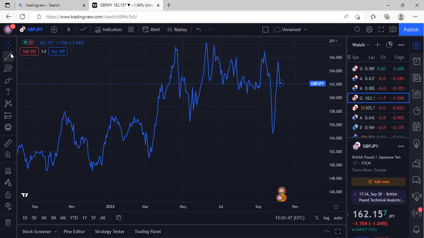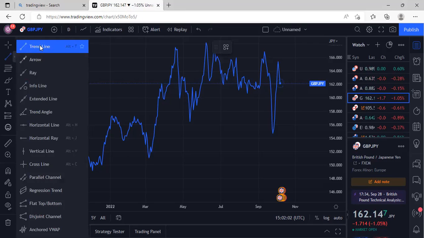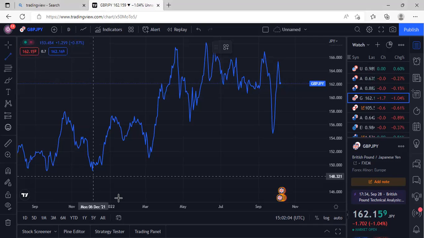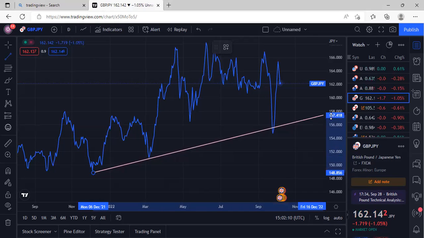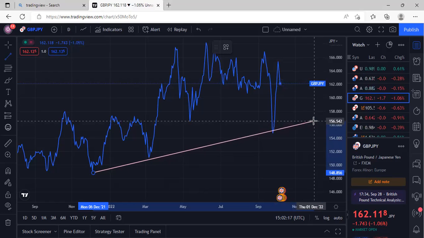Then you come to this icon also and pick that particular line. You just take that trend line, put it right here, and draw your smooth trend line, just like that. Okay, this is on our daily, right?